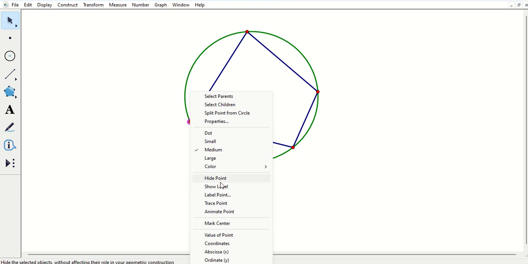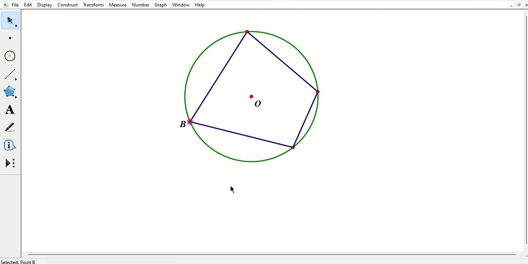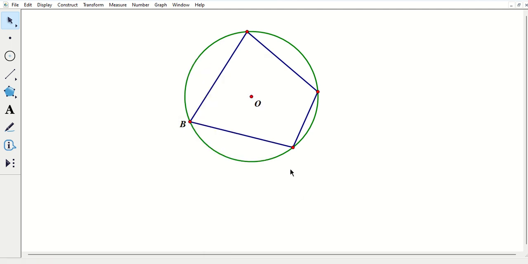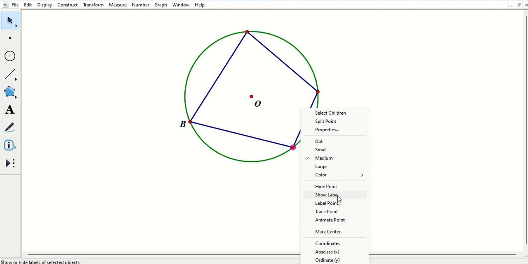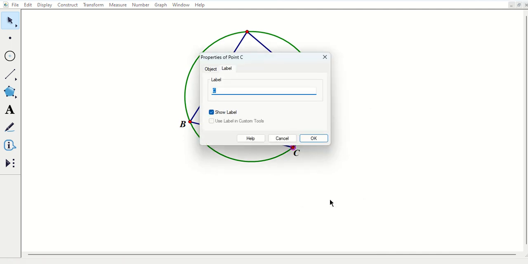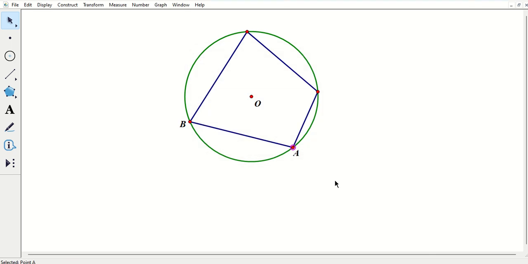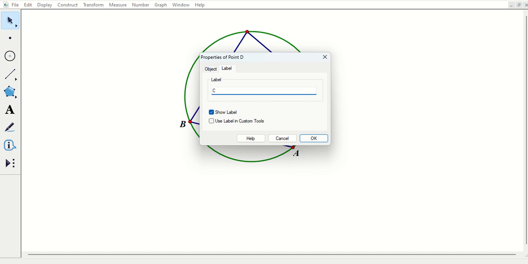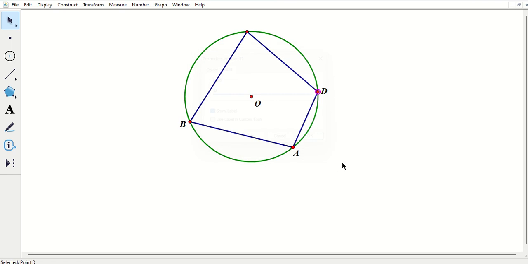So what I'll do, I'll say show label, and this point I should have labeled as A, but now let me label this one as label point A, and then this will be point C. Let me label it as D so that the labeling goes clockwise.